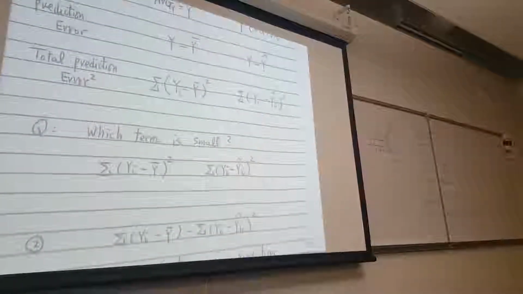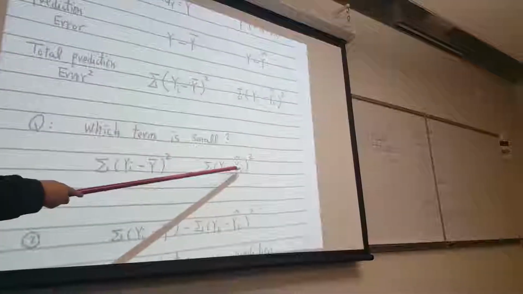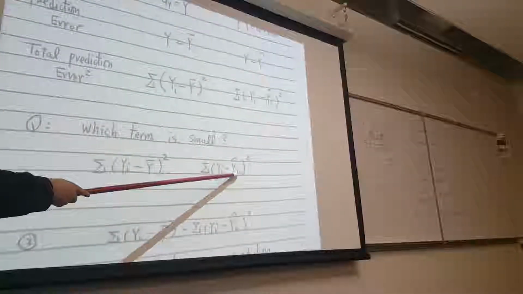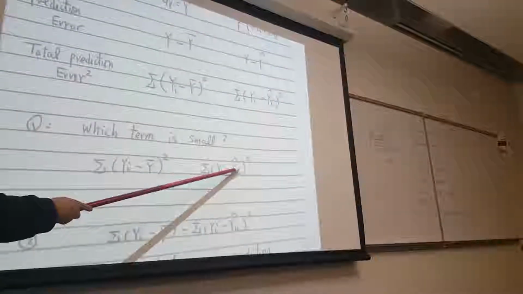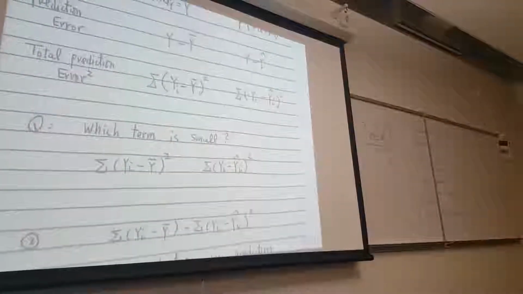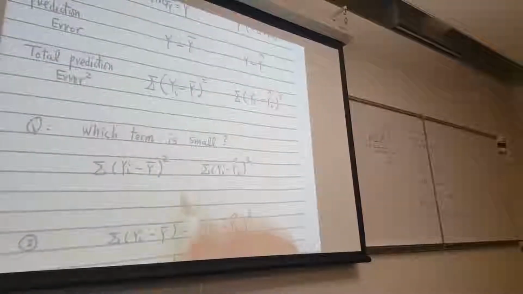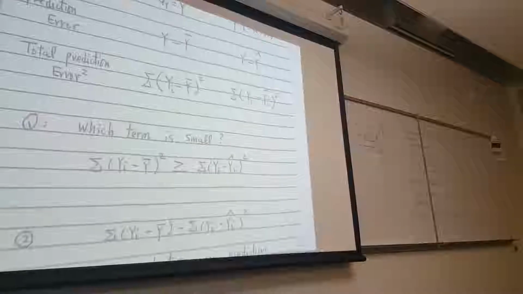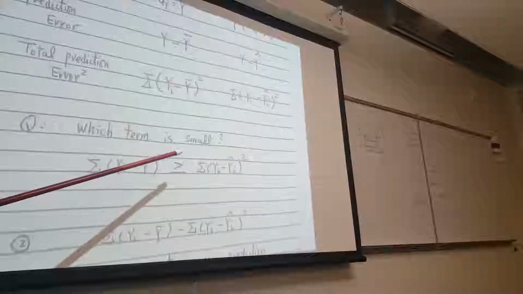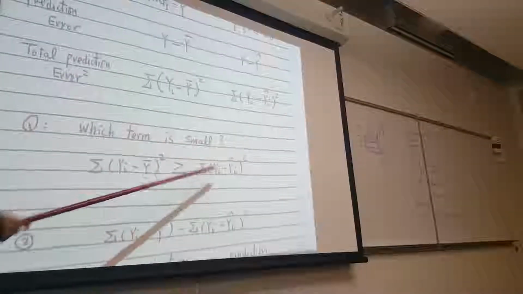Well, based on what we just discussed, we know if you know more, you predict better, right? So this one is going to have a smaller total prediction error squared, okay? So this one is smaller. So this term is at least what? Greater or equal to this term.